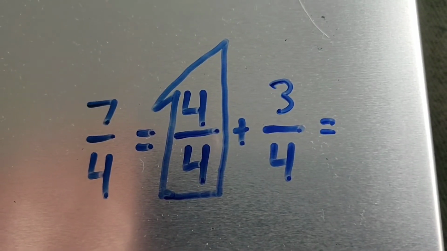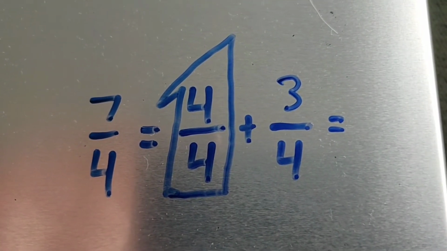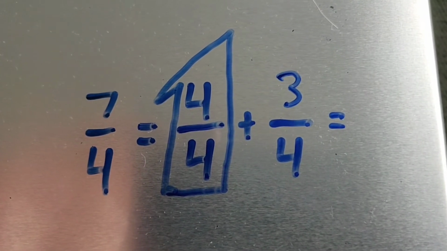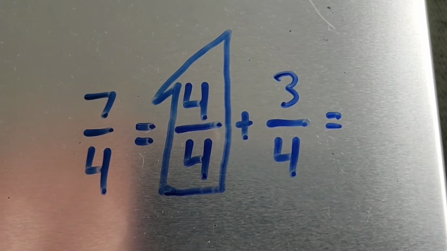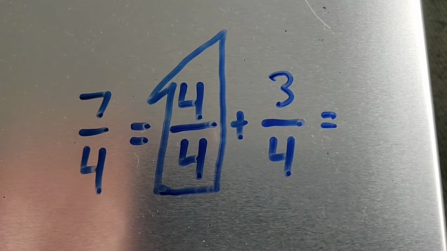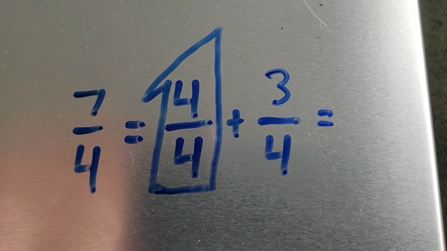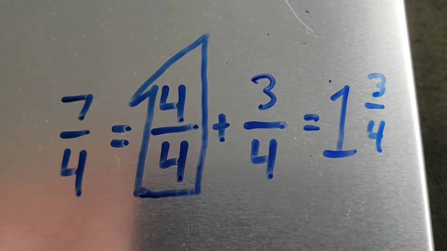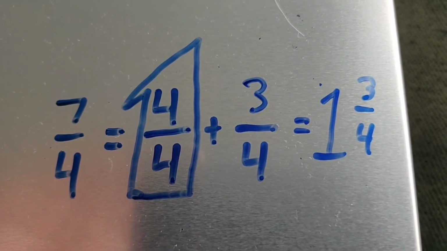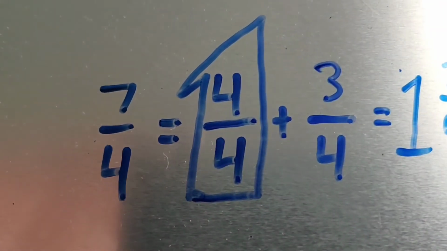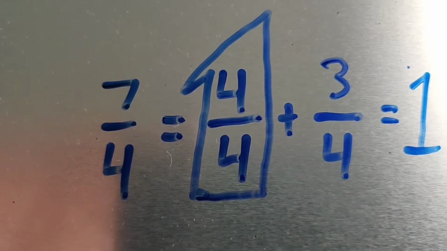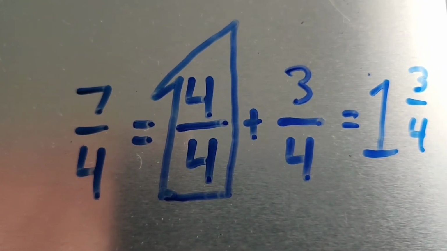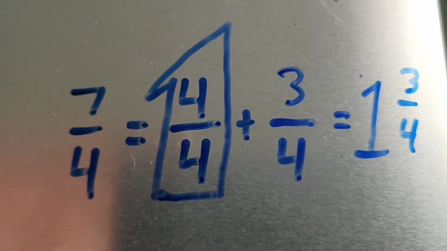And that means we can express 7/4 as the mixed number. Well, it's 1 plus 3/4, so the mixed number, that's right, 1 and 3/4. So now we can look for 1 and 3/4 on our number line, and we can write 7/4 next to it, because 7/4 is the same thing, or equivalent to 1 and 3/4.